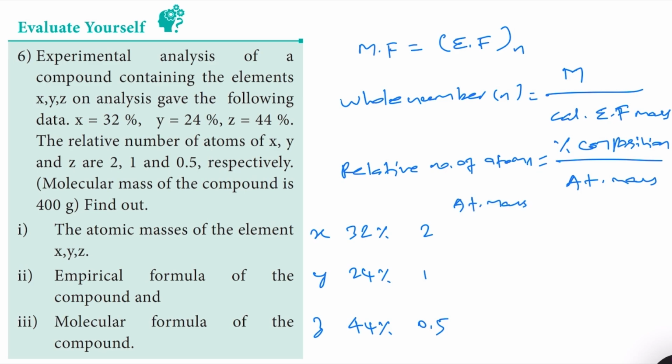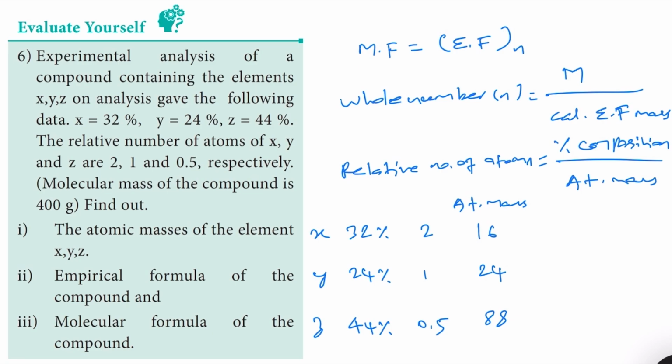Percentage composition divided by relative number of atoms: 32 divided by 2 is 16, 24 divided by 1 is 24, 44 divided by 0.5 will be 88. So, we answered question number 1 now. The atomic masses of the elements X, Y, Z are determined.